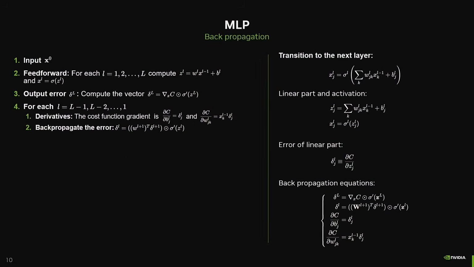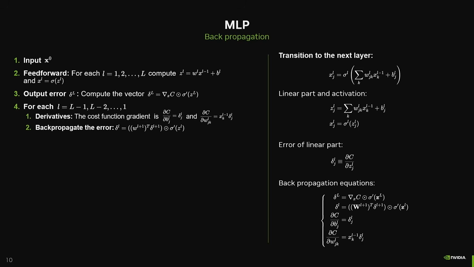So the algorithm we use and consider is the backpropagation algorithm. On the right, we have some equations that describe the transition to the next layer from the previous. Again, it's just matrix multiplication of the input of the layer plus bias, and after that, the activation function is applied.